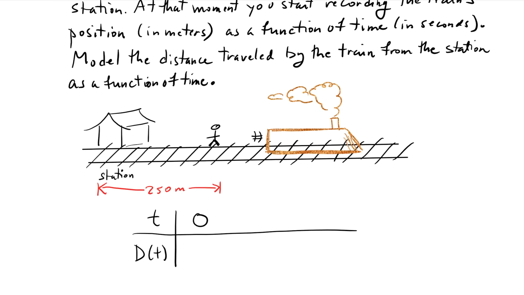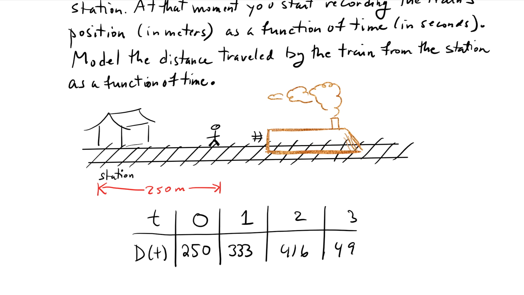When t is 0, initially when the train passes right in front of you, it's at a distance of 250 meters away from the station. 1 second later, 333 meters, 2 seconds later it's 416, 3 seconds later it's 499 meters. This data is part of the problem, not something we're calculating.